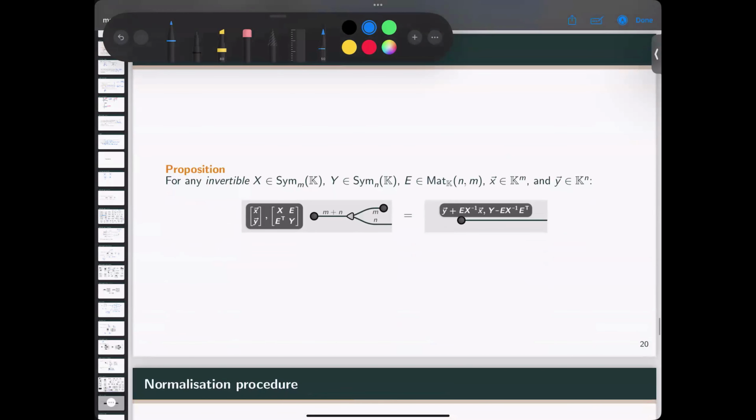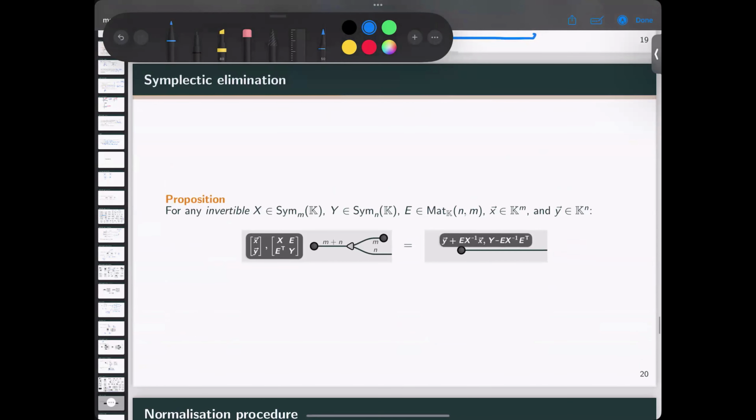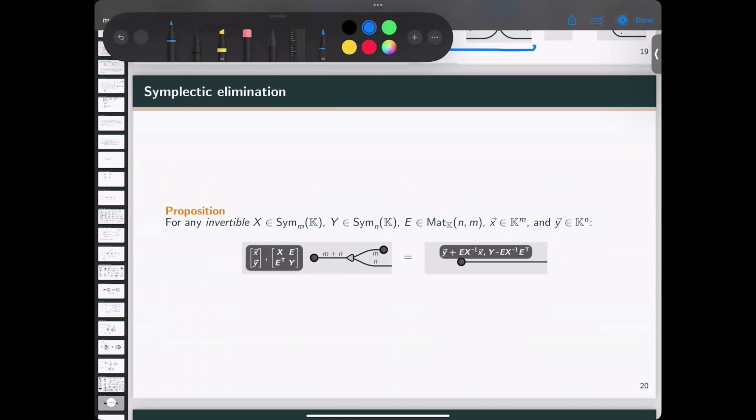Okay, so there's too much stuff going on in this article. One of the nicest results that we have from the paper, which is a little bit hard to describe, is what I call symplectic elimination.